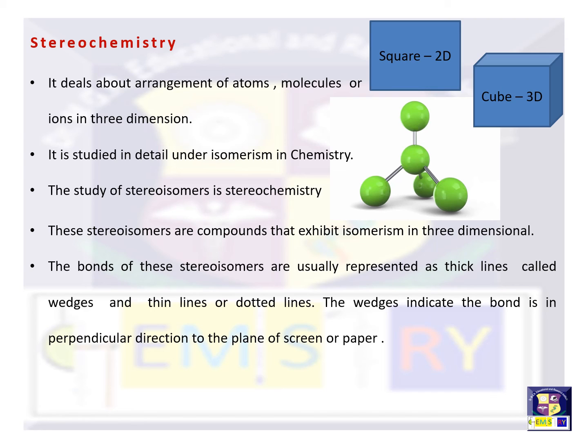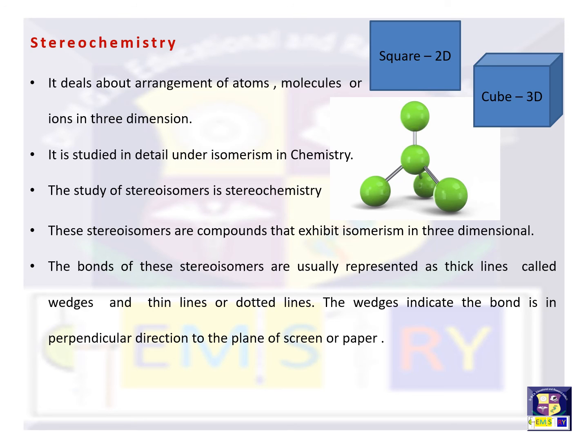That is a three-dimensional model, whereas a square is just a two-dimensional model. So stereochemistry is the chemistry of stereoisomers, where we broadly study the physical and chemical properties of those isomers. The study of stereoisomers is called stereochemistry. The compounds that exhibit isomerism in three dimensions are studied here.